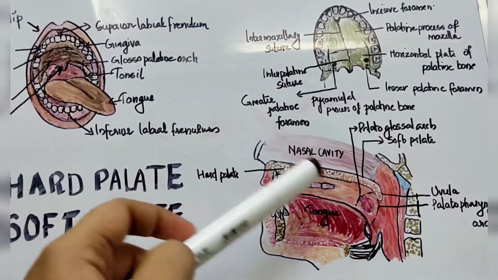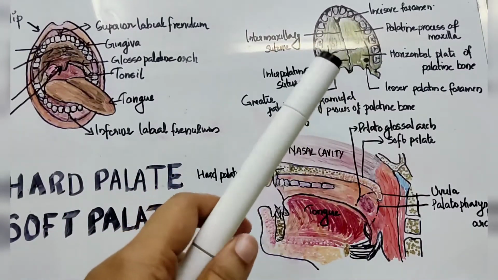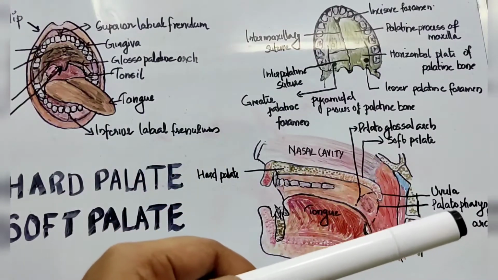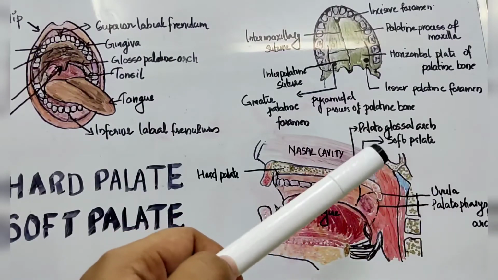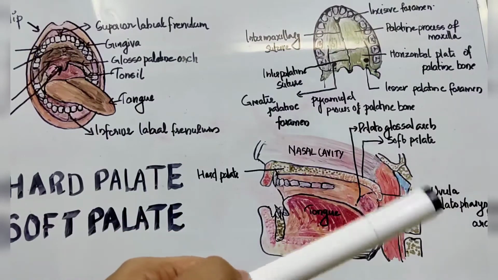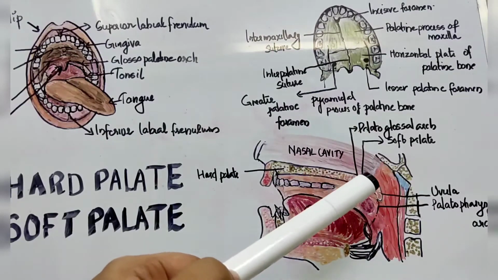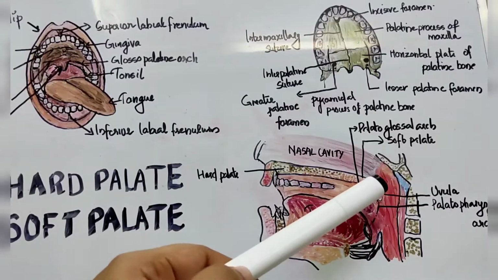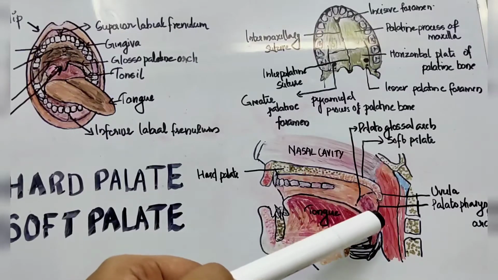Now we will discuss the muscles of the soft palate. Which are the muscles of the soft palate? Tensor veli palatini, levator veli palatini, musculus uvulae, that is the uvula has the musculus uvulae, then the palatoglossal muscle and also the palatopharyngeal muscle.